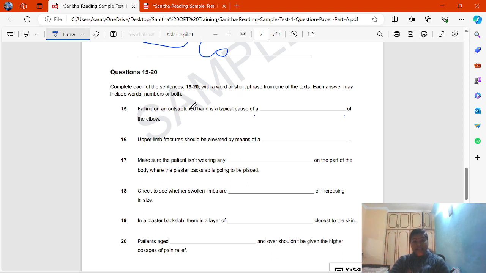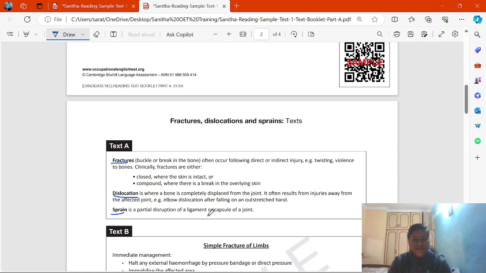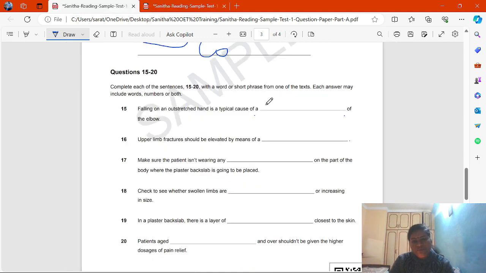It is talking about fracture, dislocation, and splint, so you have to go to part A. Outstretched hand, we got a keyword. Falling, we got another keyword. What is the condition? Dislocation. Dislocation is the answer.